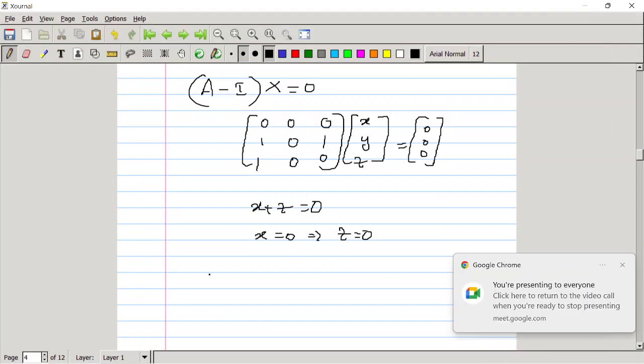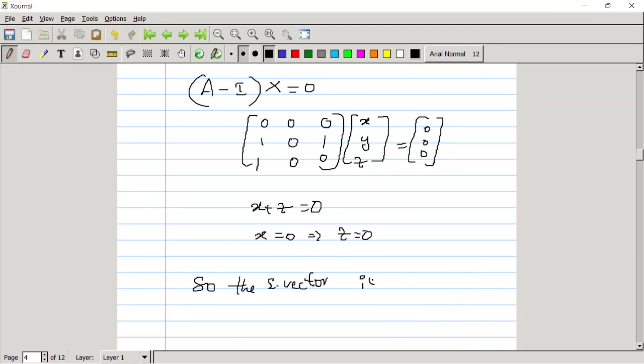The eigenvector is (0, 1, 0). For any value of y this equation will hold, but the values of x and z have to be zero only. That's why we take 1 here.